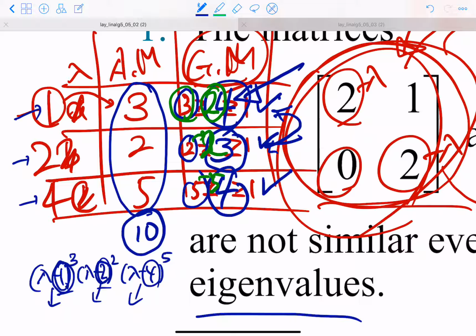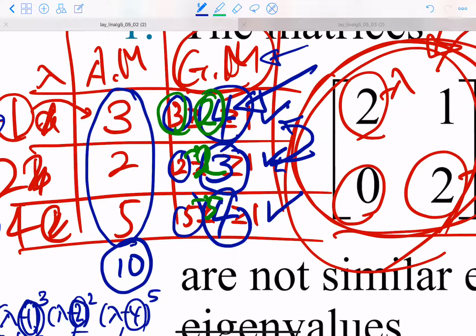But even though we didn't prove it, we studied that the maximum dimension of each eigenspace is bounded by this algebraic multiplicity, right? So the dimension of the eigenspace is called the geometric multiplicity, and this geometric multiplicity is less than or equal to its corresponding algebraic multiplicity, right?